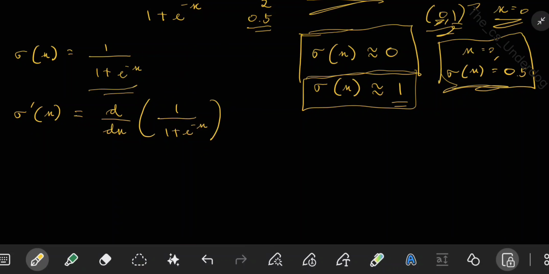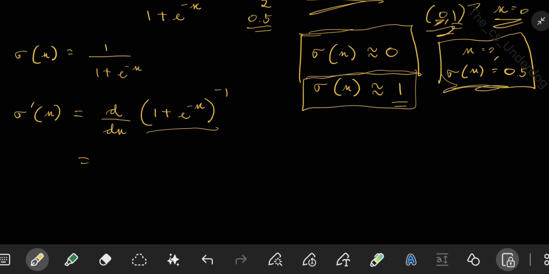Let us see what I can do. If I want to take the derivative of this, first thing, this can also be written as 1 plus e power minus x whole raised to minus 1. So instead of writing 1 by 1 plus e power minus x, I wrote it as 1 plus e power minus x whole raised to minus 1. This is a cleaner way of writing it when you want to take derivatives.